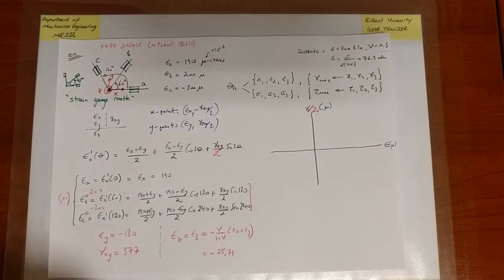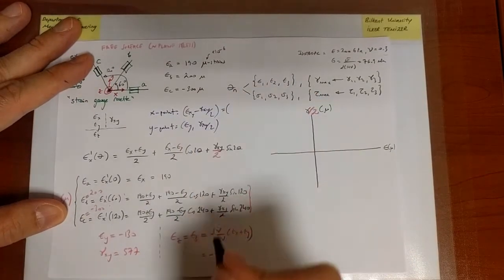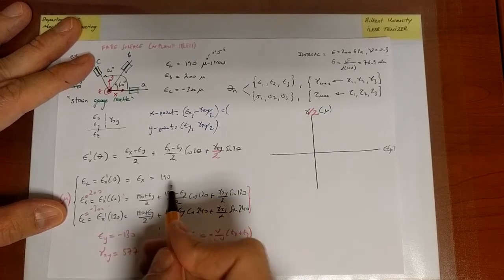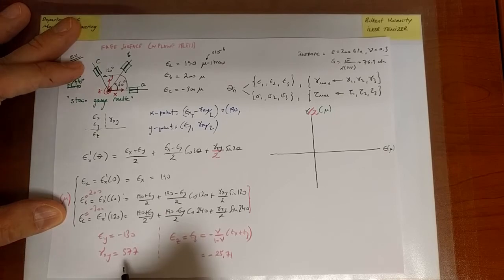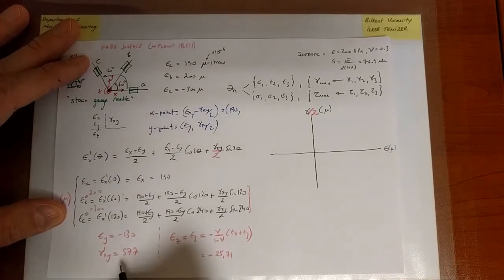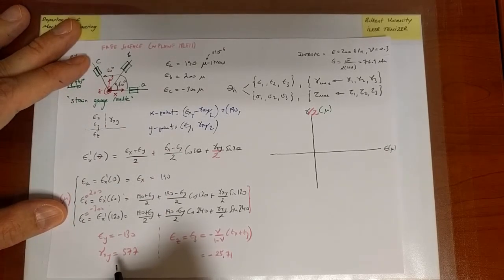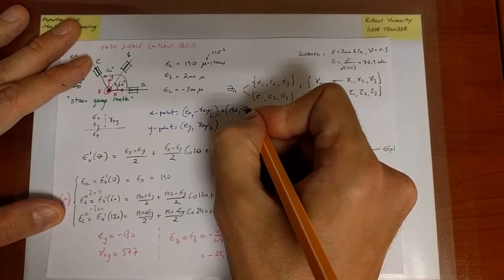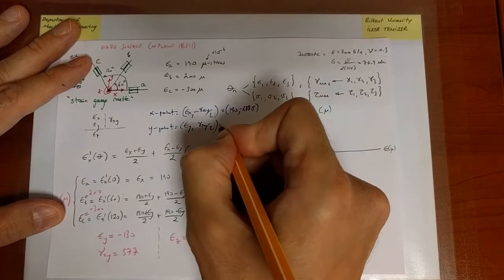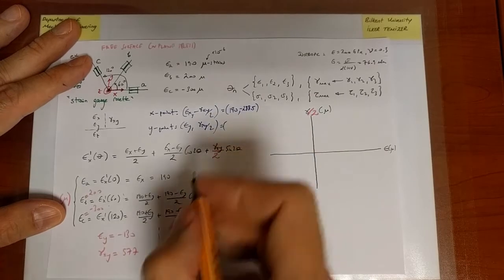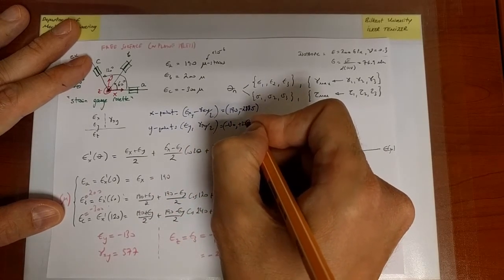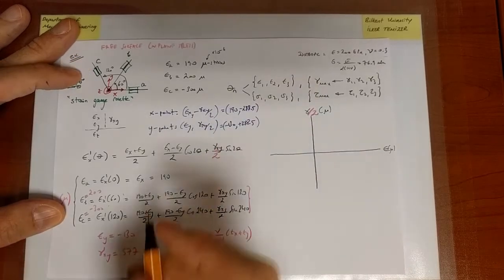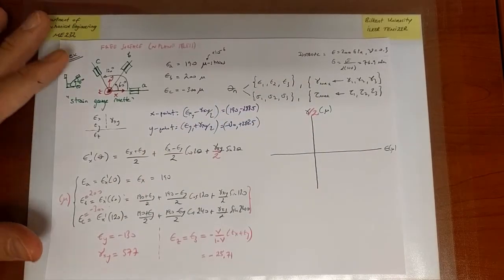So the values which I have are equal to epsilon x, which is 190, minus half of that shear strain value, which is minus 288.5. And here I'm going to have minus 130 and plus 288.5, because it goes with a plus.